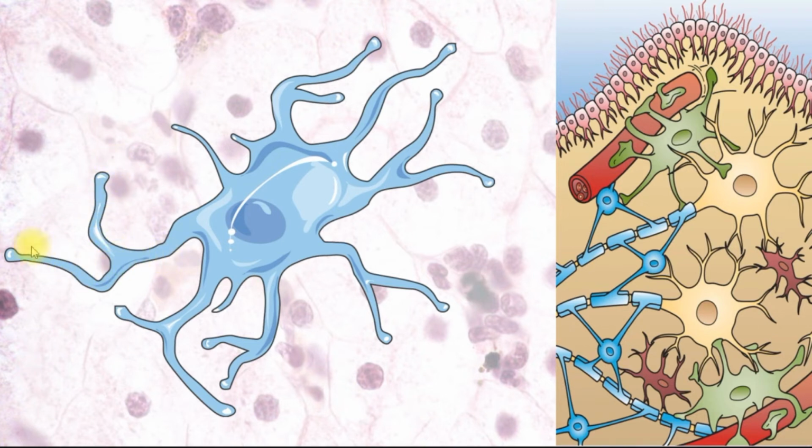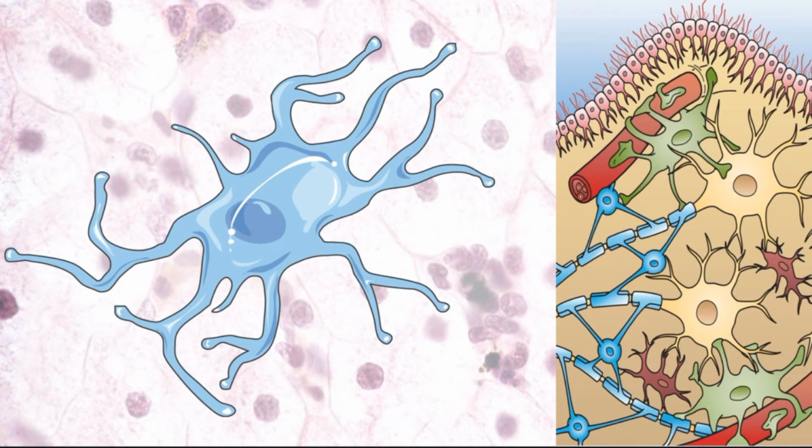It has a branched cell-like shape, and they are inactive. During activation, they become like a leukocyte. The main function of microglial cells is immune defense inside the CNS, inside the nervous system.